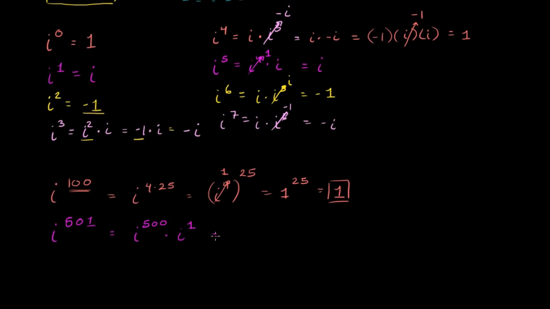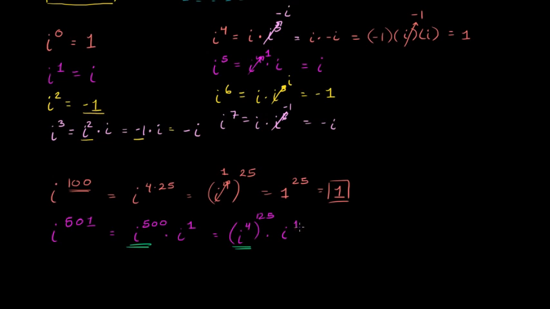And we know that i to the 500th power is the same thing as i to the 4th power, 4 times what? 4 times 125 is 500. So i to the 500th is the same thing as i to the 4th to the 125th power, and then that times i to the 1st power.